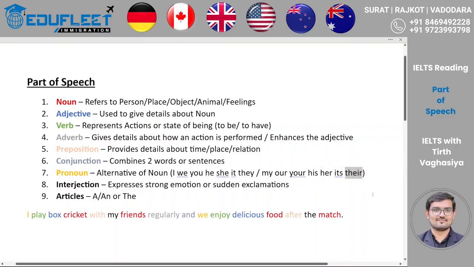So this is the second pronoun form that is used in the English language.